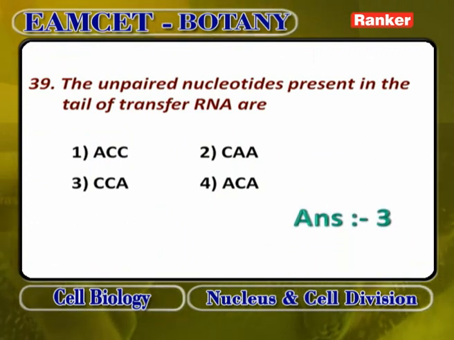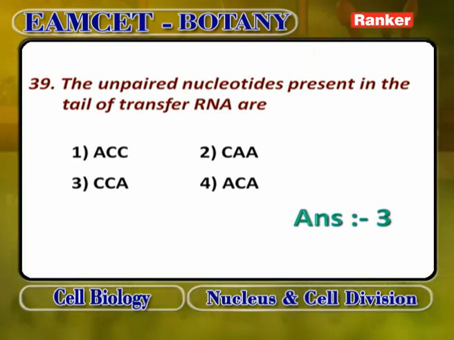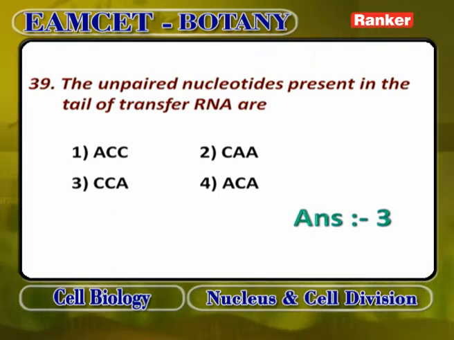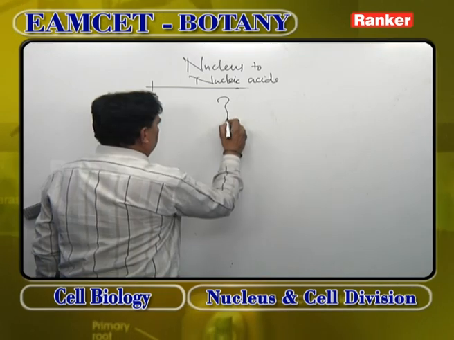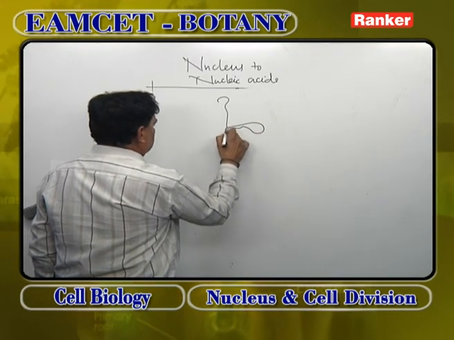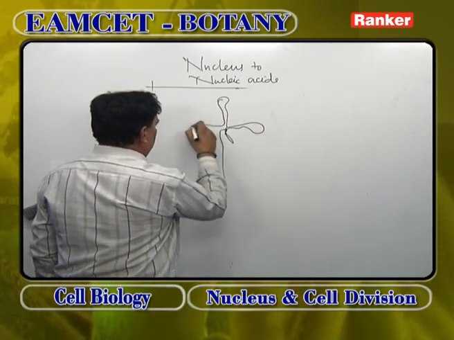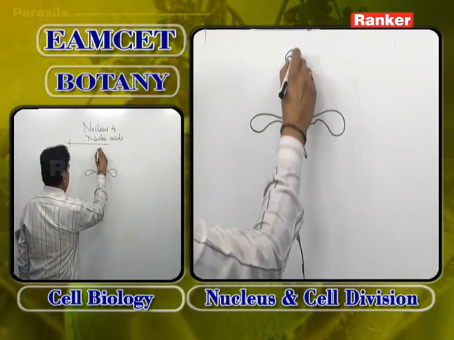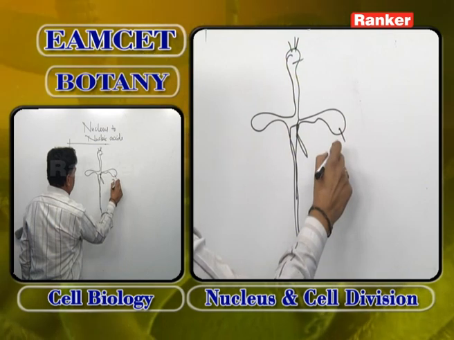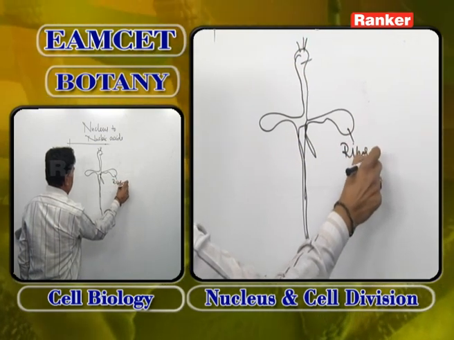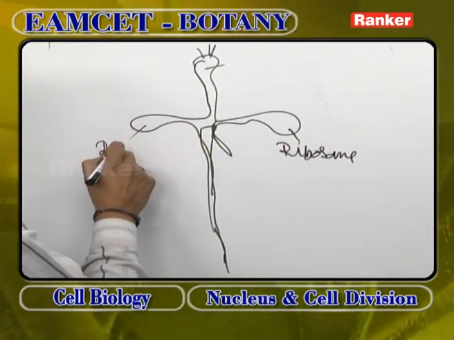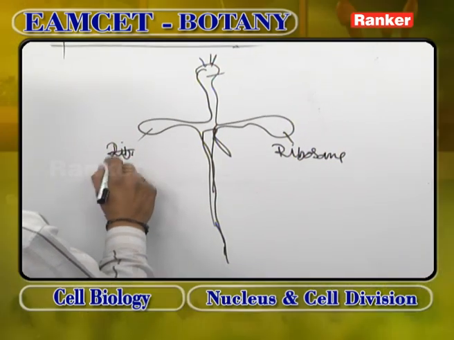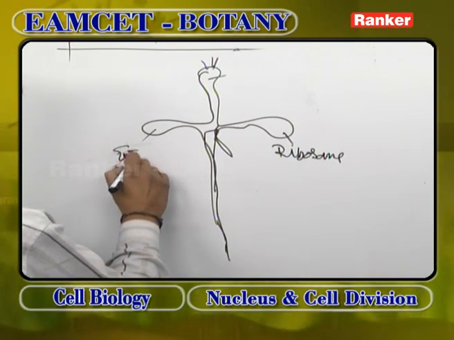The unpaired nucleotides present in the tail of transfer RNA. Every transfer RNA shows a clover leaf model like this, proposed by Holley. It has one loop with anticodons, it has another loop which recognizes the ribosome, and another loop which recognizes the enzyme that activates the amino acid.